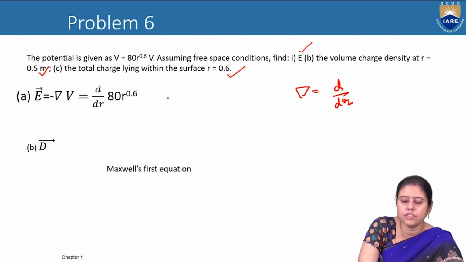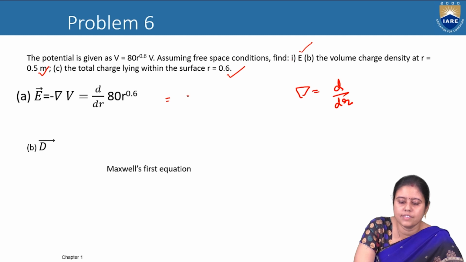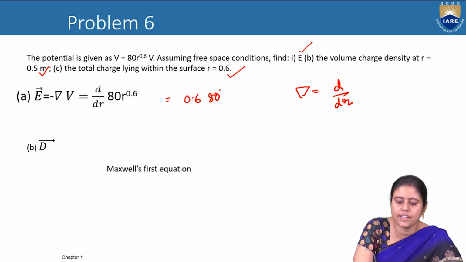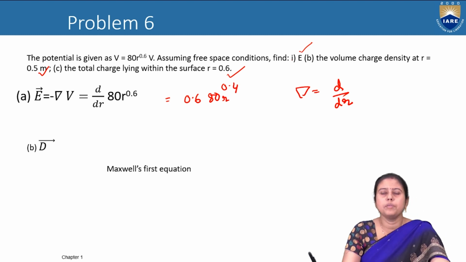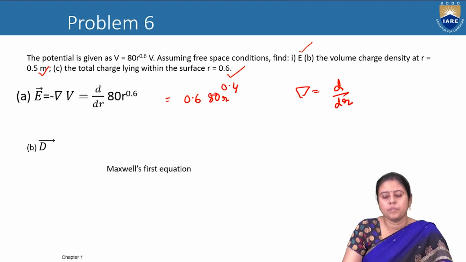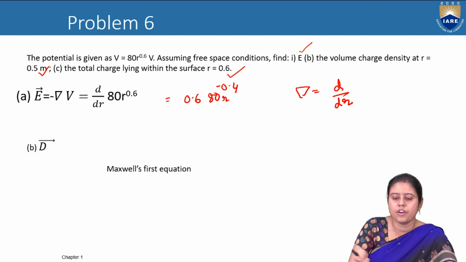So what is the value coming here? 0.6 into 80, and 1 minus 0.6 is 0.4, so R to the power minus 0.4.